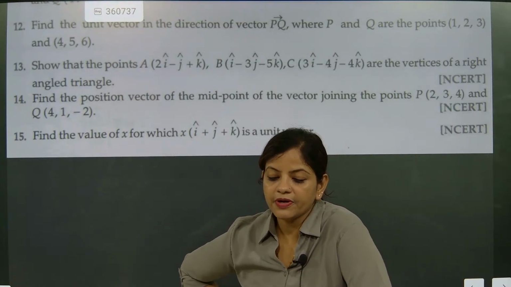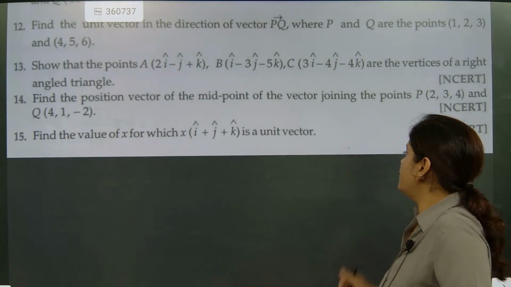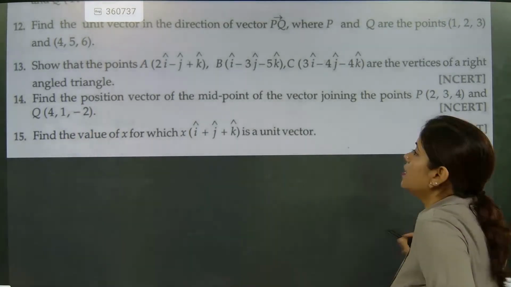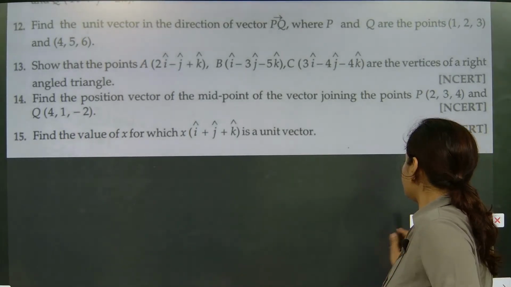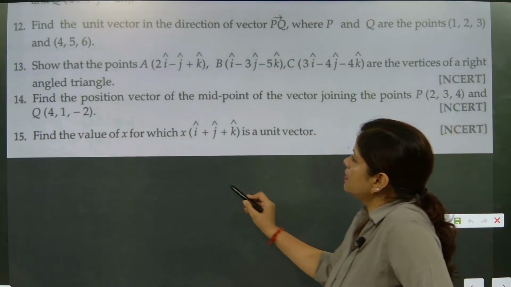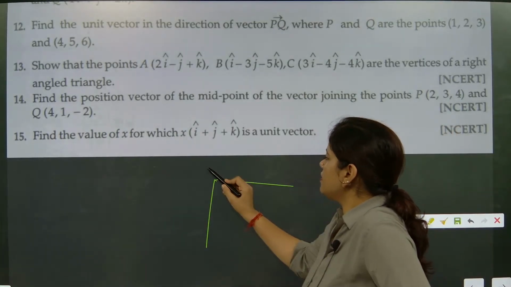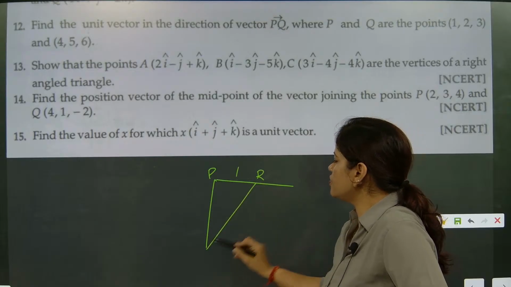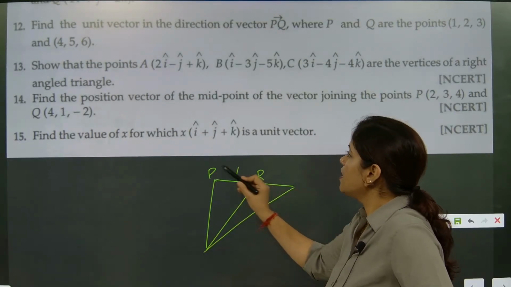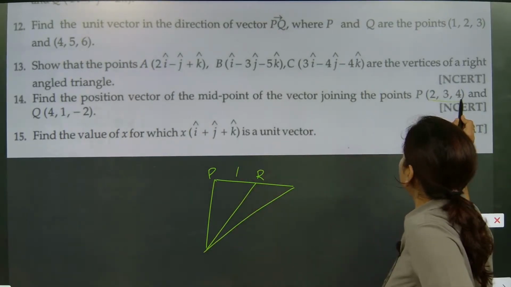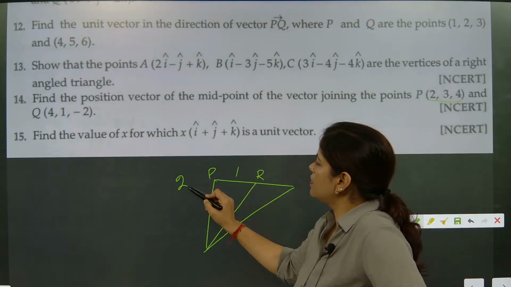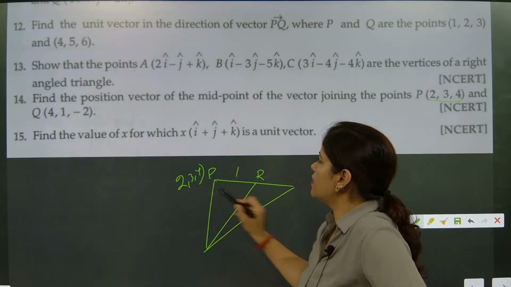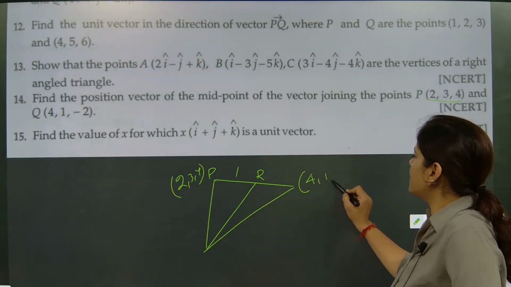See, the middle point question is very easy now. In middle point question number 14, P and Q will be there, and the ratio will become 1 is to 1, so R will be there. P point is coming as 2, 3, 4 and Q point is coming as 4, 1, minus 2.